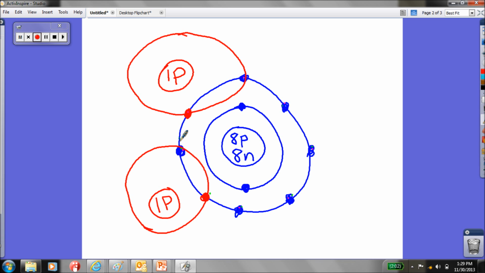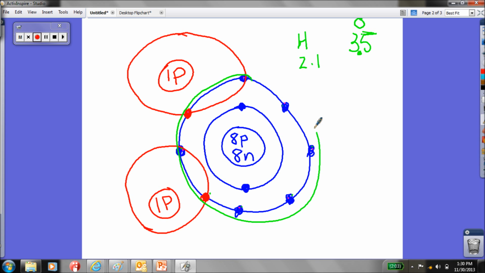So how does the polar part come into it? Well, the oxygen has an electronegativity of 3.5, right? We said that before. And we said hydrogen had an electronegativity of 2.1. So that difference is great enough that these electrons are going to spend more time around the oxygen than they are around the hydrogens.